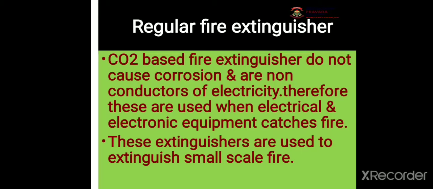And here the chemical reaction takes place as NaHCO3 plus H2SO4 gives Na2SO4 plus H2O, and CO2 is evolved. So, this is the regular fire extinguisher and it is used for extinguishing fire due to electrical or electronic equipment.